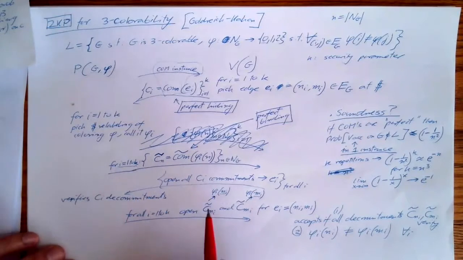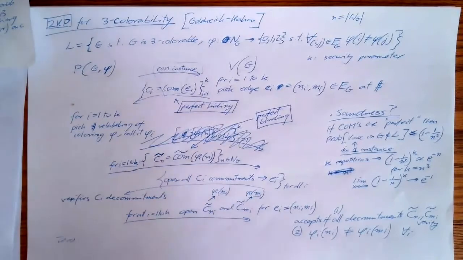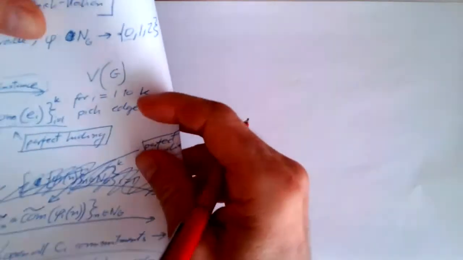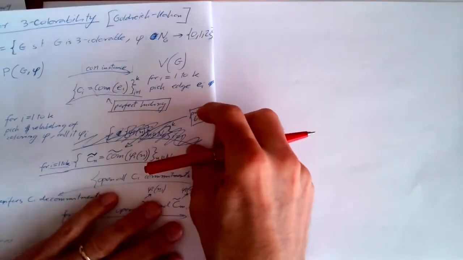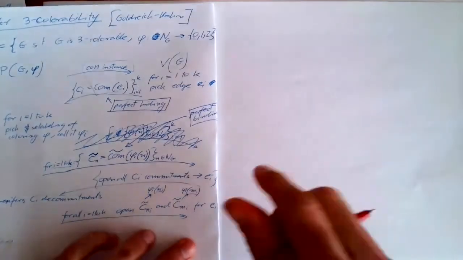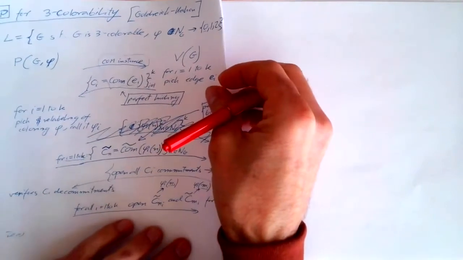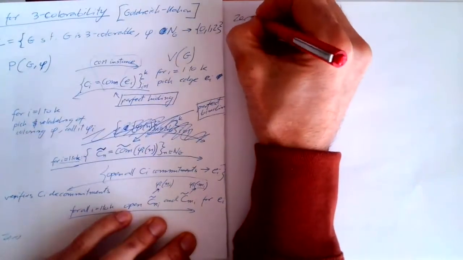Now, about zero knowledge. Here is the proof system, and let's argue that it is zero knowledge.